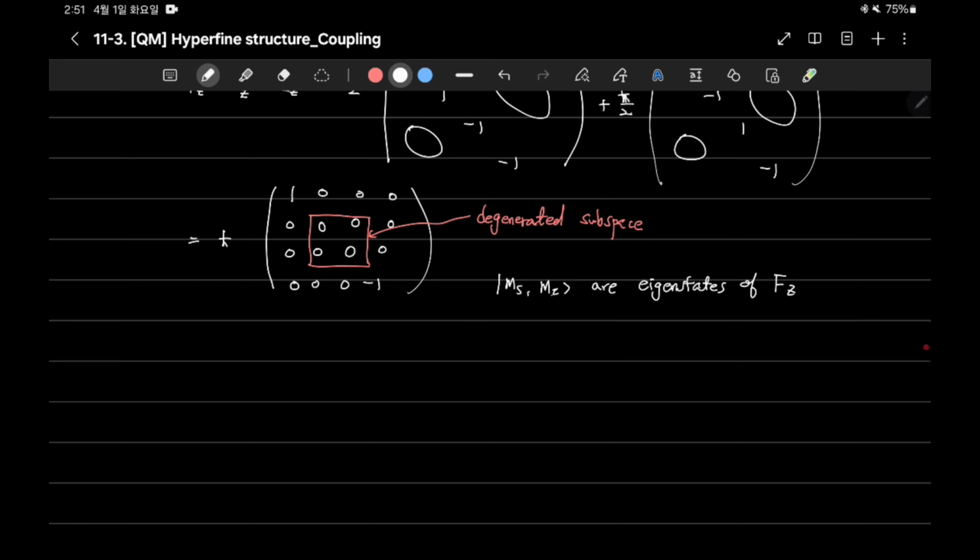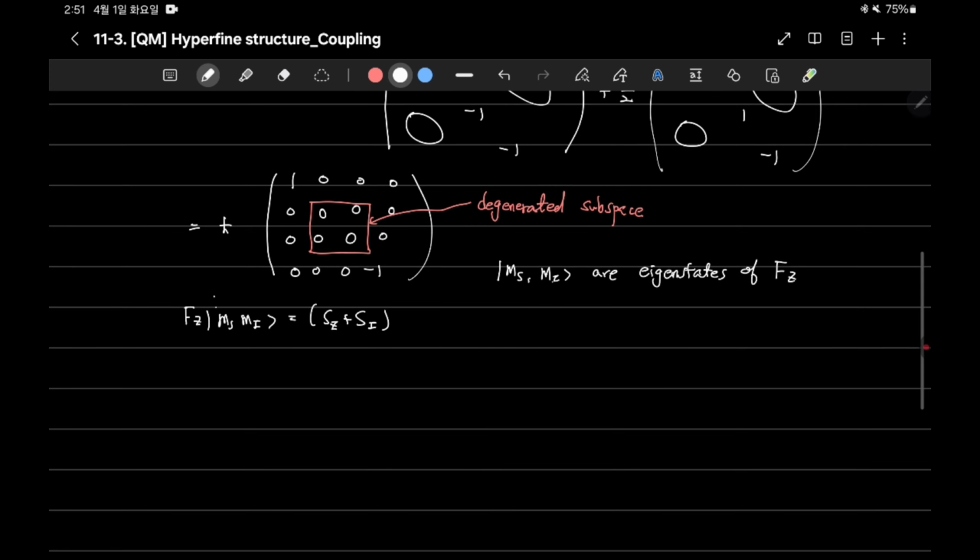of Fz. When we apply this Fz to MS MI, it is Sz plus Iz acting on MS MI, which gives MS plus MI times h bar, MS MI.